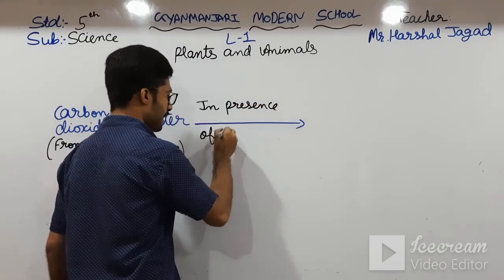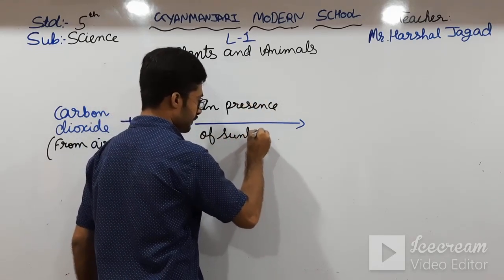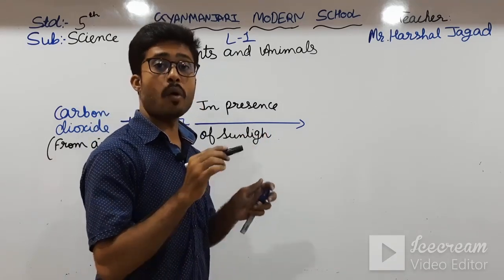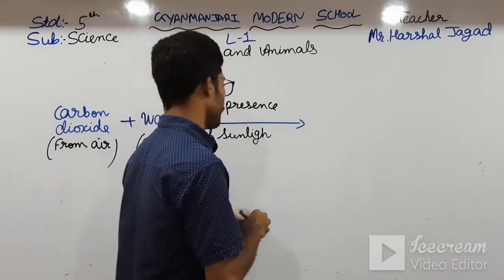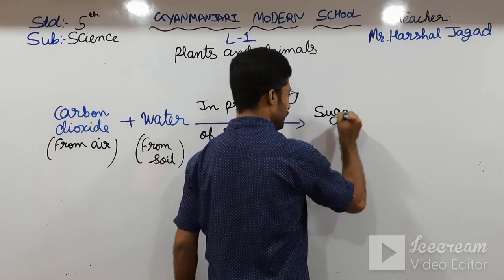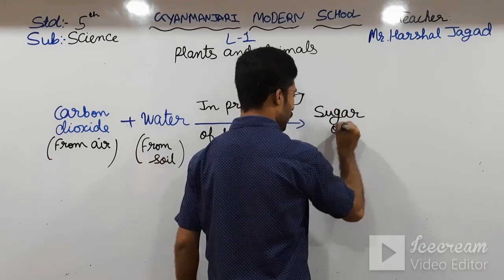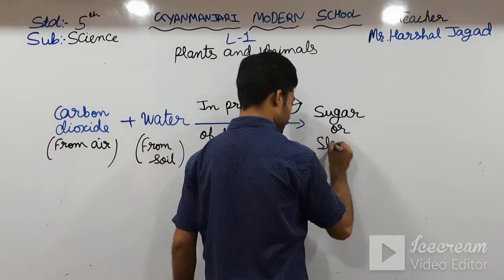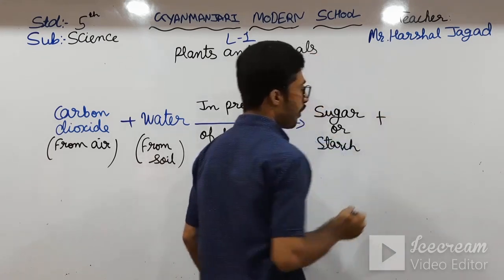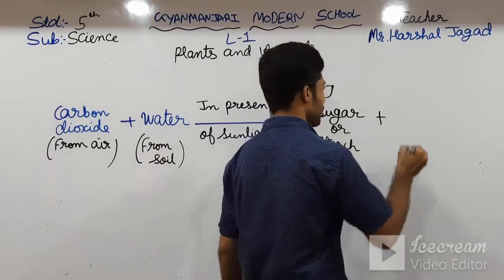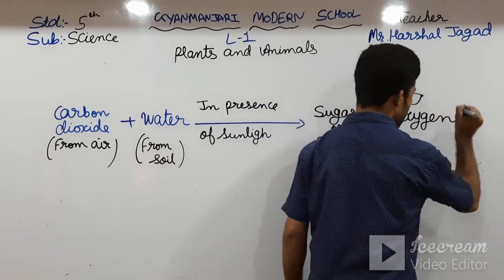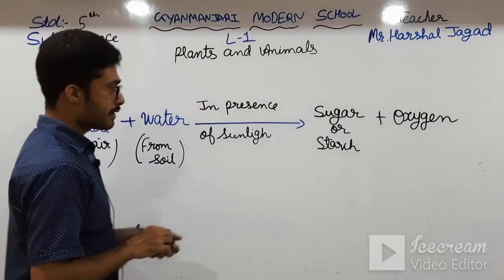in presence of sunlight, they produce a type of sugar or starch. And also they produce oxygen.